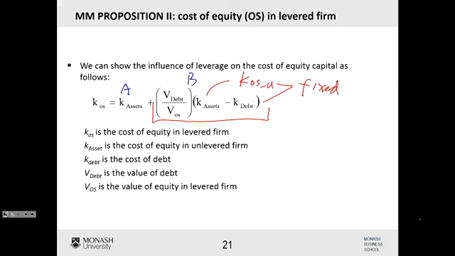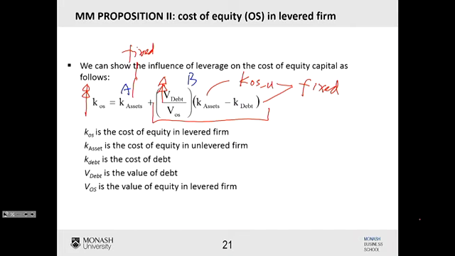Once you increase the debt level, what about the couple of the assets? The fixed two. You can see that? If you increase the debt in a leveled firm, in a leveraged firm, the cost of equity must increase.